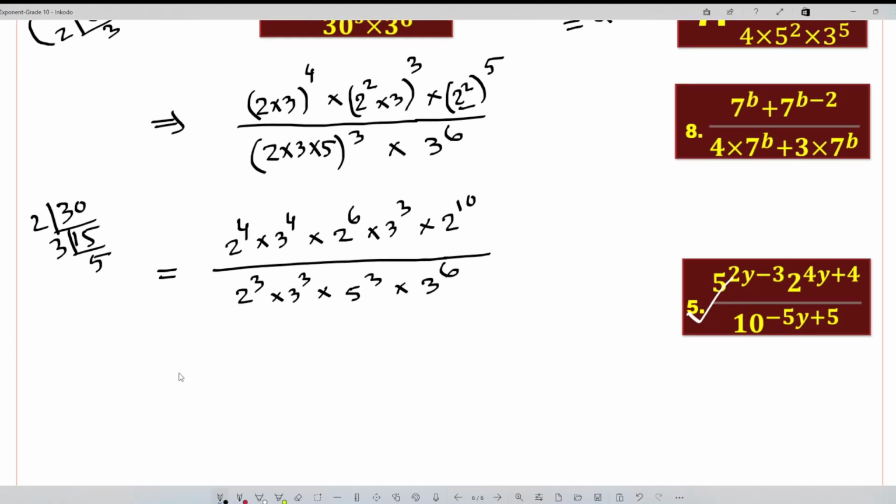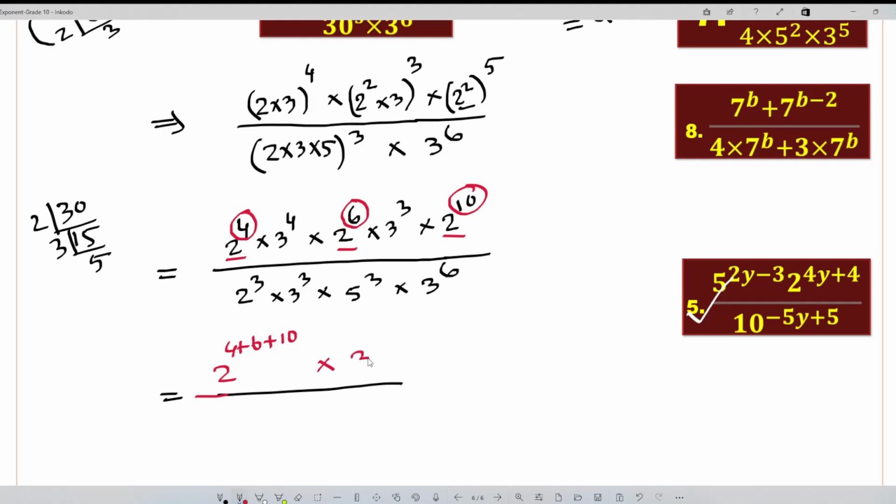Now look, now we can easily simplify. This one is 2, 2, 2, the base is 2, so here is 4 plus 6 plus 10. We can write 4 plus 6 plus 10, right?